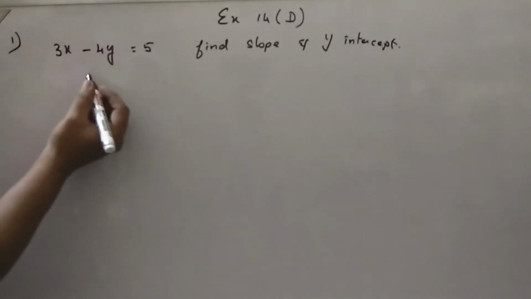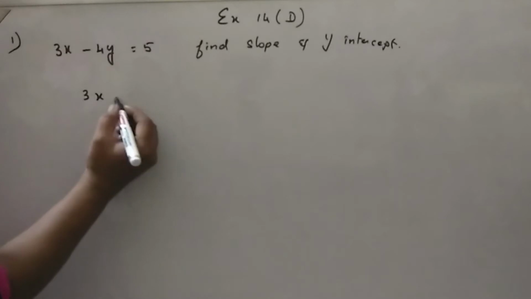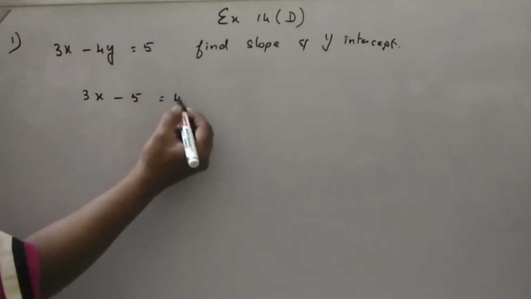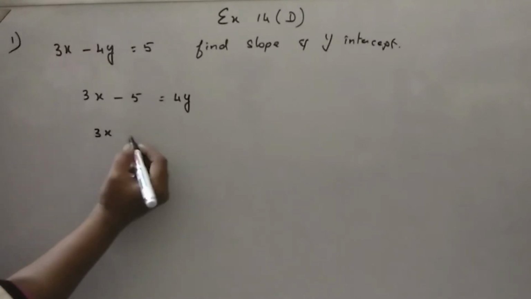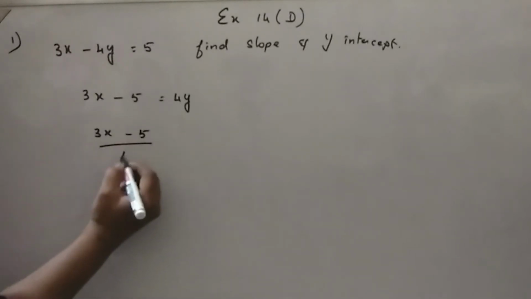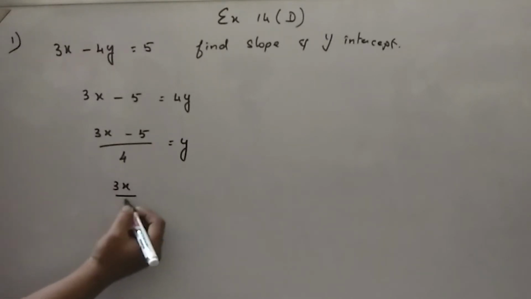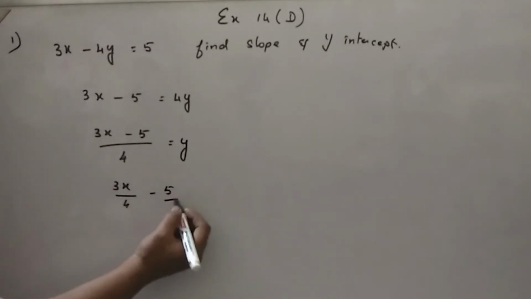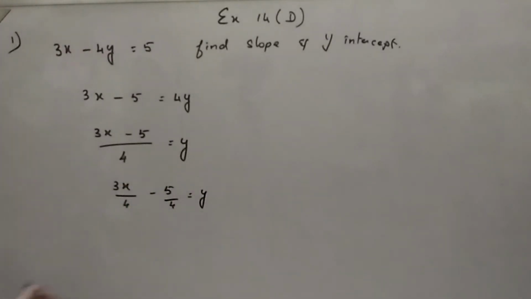Okay. So first you have to write 3x minus 5 is equal to 4y. Then y is equal to 3x minus 5 upon 4, that is 3x upon 4 minus 5 upon 4. Okay.